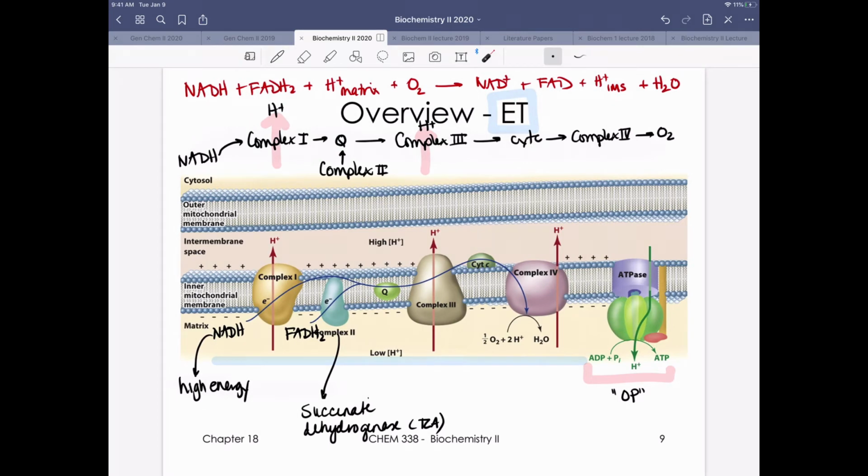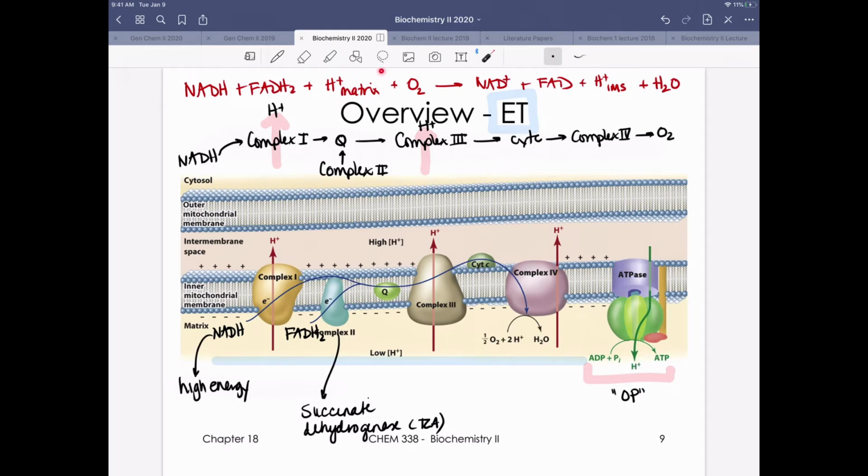So we wrapped up this initial lecture period just doing an overview of electron transport. An important equation to remember is the net of what happens in the electron transport chain. And remember, we liked putting it in this order because that allowed us to think about the different pieces and what's happening. So again, electrons come from NADH and FADH2. They each lose their electrons, so become NAD+ and FAD.